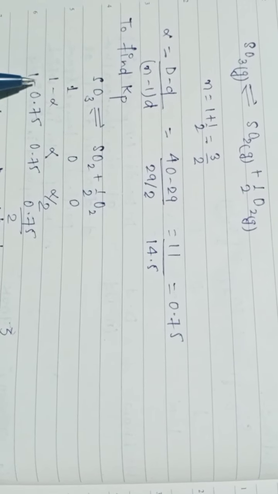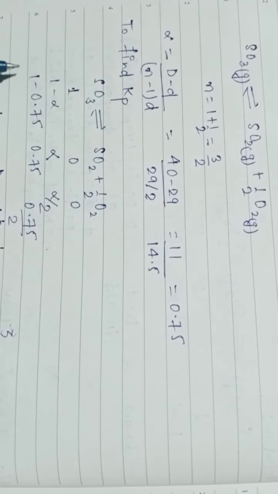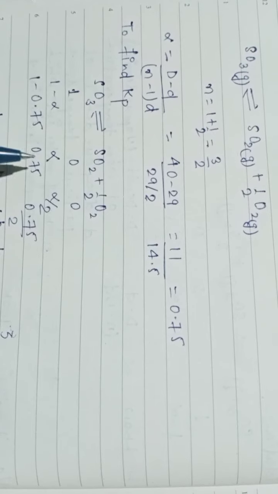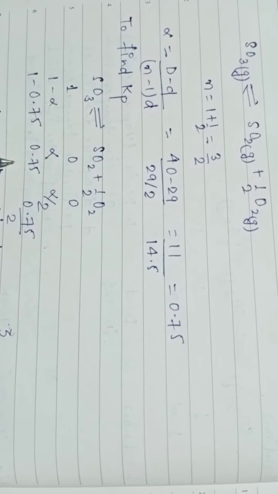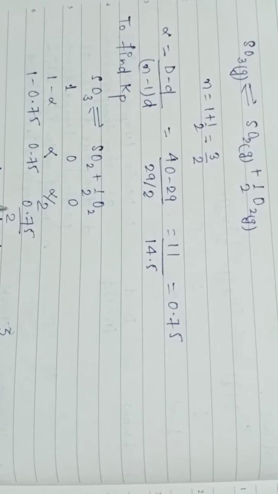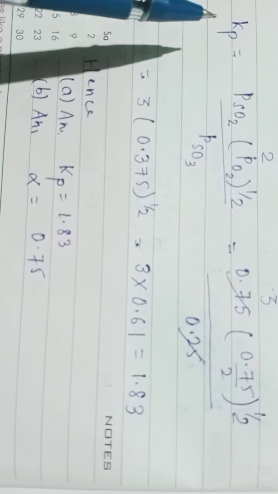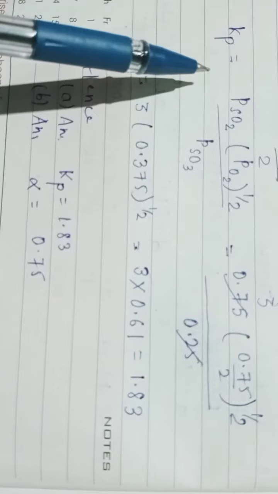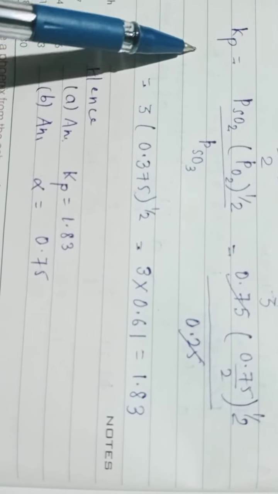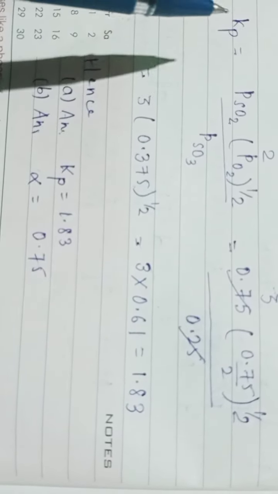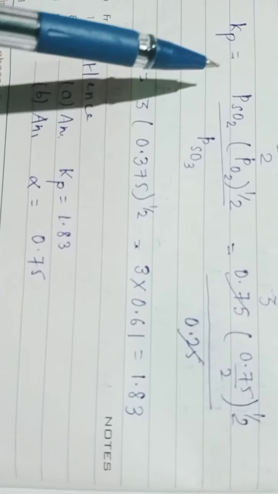So the value of SO3 at equilibrium is 1 minus 0.75, SO2 is 0.75 and O2 is 0.75 by 2. Now, just like Kc, which is given in terms of concentration, we can find the Kp value here, because the partial pressure represents the concentration.